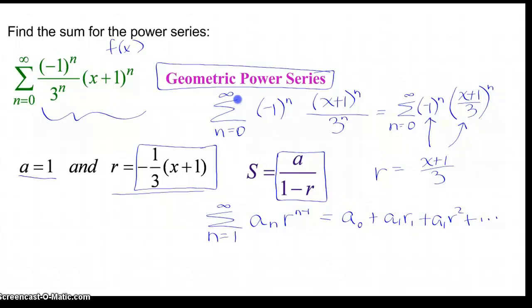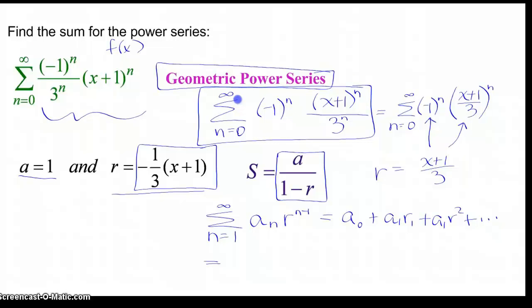So I want you to realize that if we just go back to this series, even though it starts at 0 and goes up to infinity in n, we can generate those terms, and the first term will be a, and the second term will be a times r, and so forth.